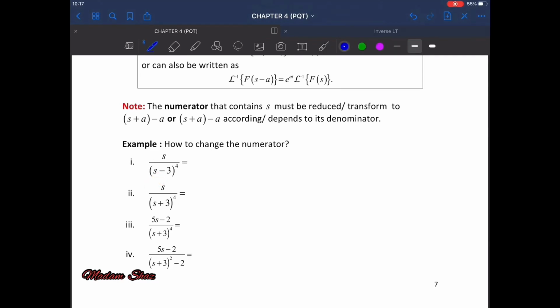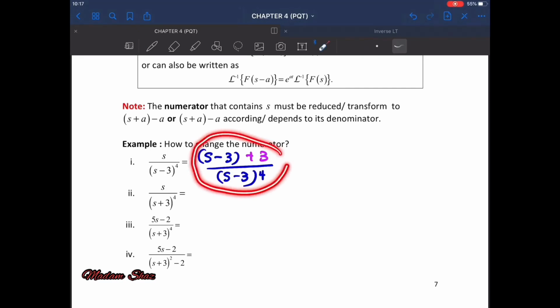So s at the upper side will become (s minus 3) plus back 3, divided by (s minus 3) to the power of 4. So this is how we have to change s at the upper side to make it become the same thing as the denominator. If you have s minus, the upper side will become s minus and plus back the same number.